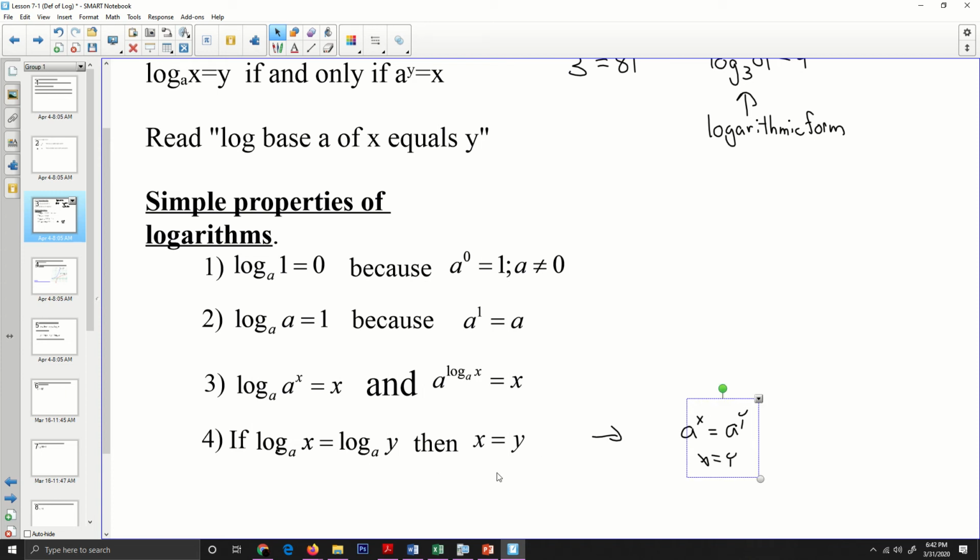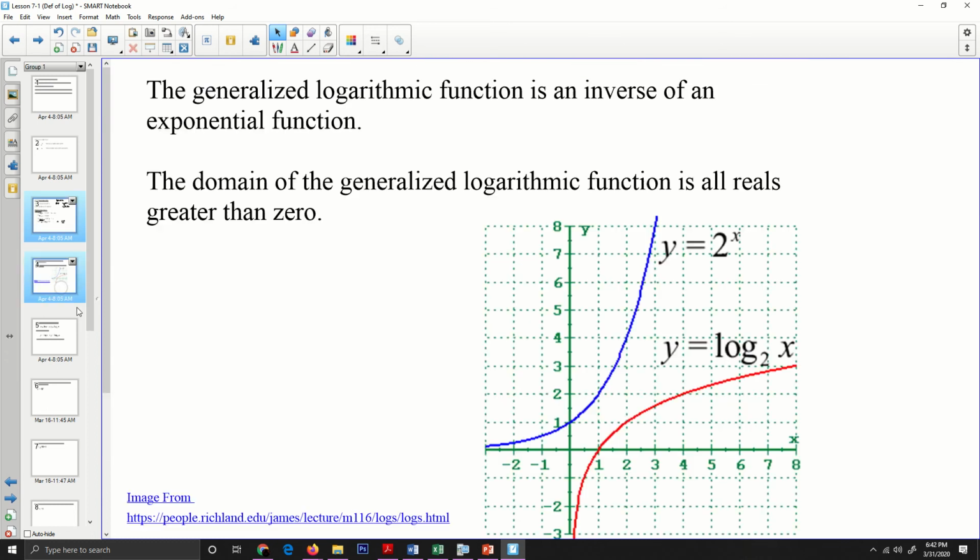It's the same type of concept, it's just with logarithms. And this one is also going to be very important to us. If I have log base a of a to the x, I'm just going to get x, and that we're going to use quite a bit, especially with the natural logarithm, which I'm going to talk about in a moment.